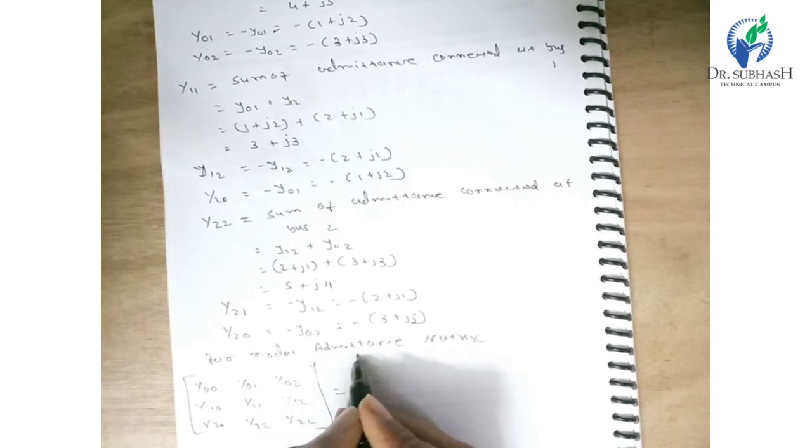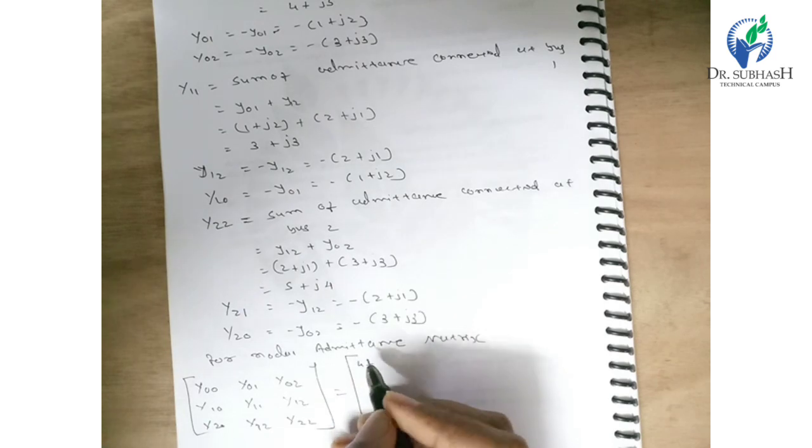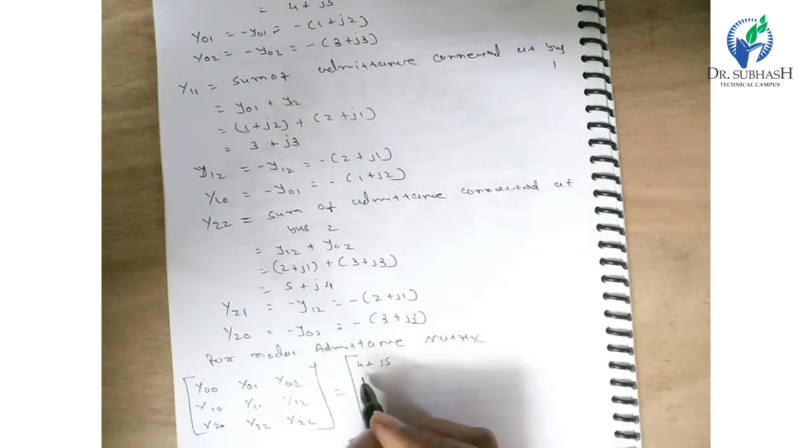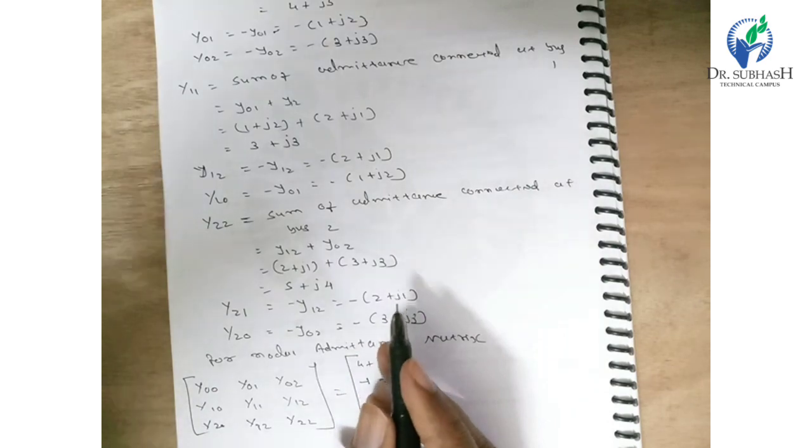So the value of this nodal admittance matrix is: the first value is 4 plus j5, the second value is minus 1 plus j2, and the next value is minus 3 plus j3.